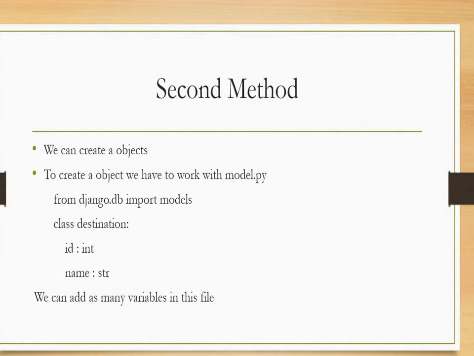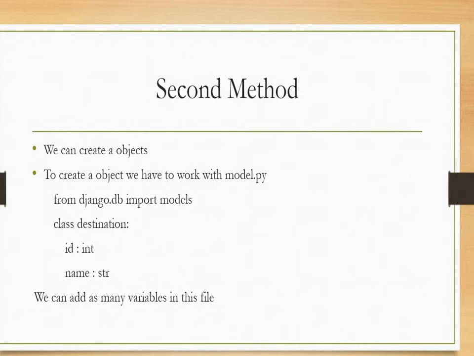I want an id, an identity type, that is auto increment. Id is of type int, name is a string. We can add as many variables as we require in the file. Id is to give a unique number, and name is to give the name. The data type depends upon you, int or string.